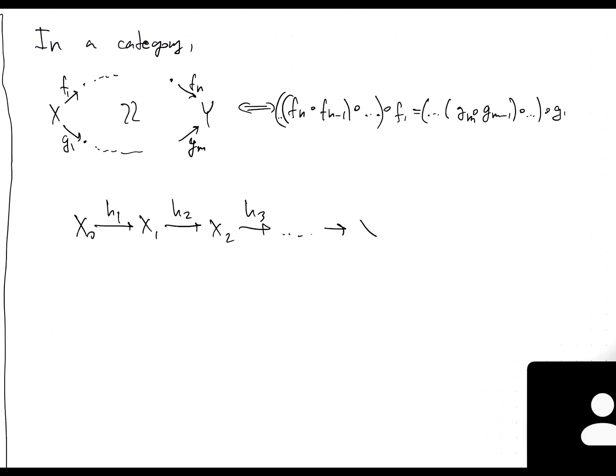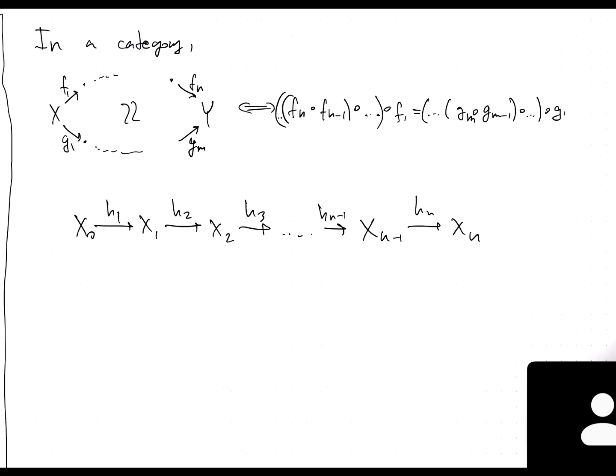It goes all the way to, let's say, xn via hn. I can form the composite of the first two. Actually, that's not what I did in the previous picture. So let me show the last few terms of this series. So let's say this is hn minus 1, xn minus 1, and then we have hn, xn.